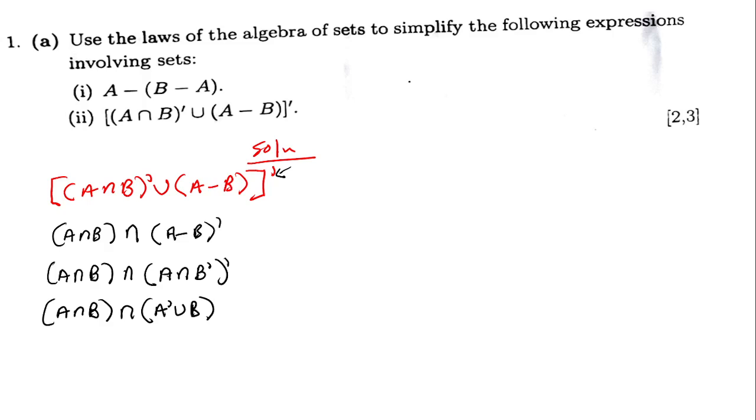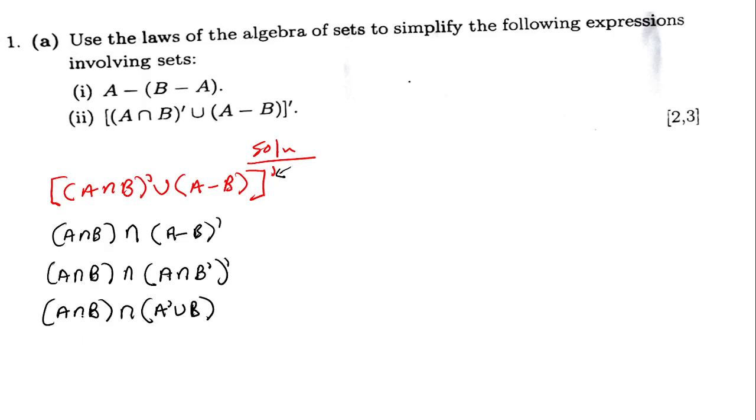A complement union B is simply going to be B with the outside part. Now whatever you have, you intersect it with that one.